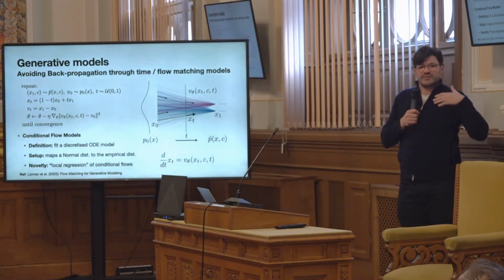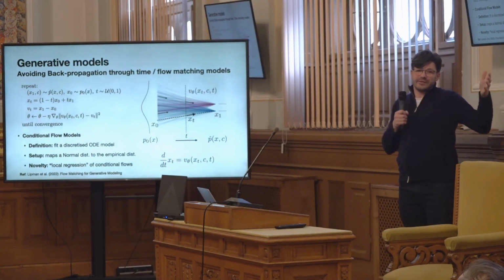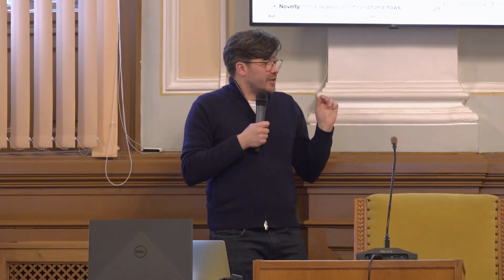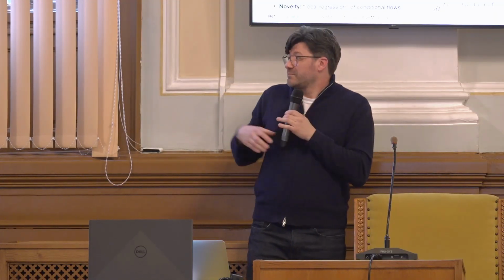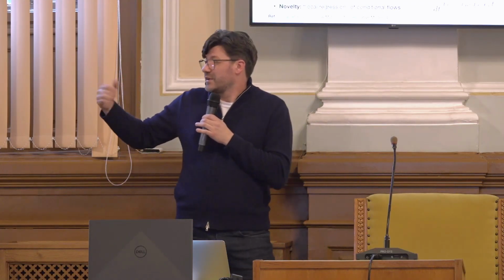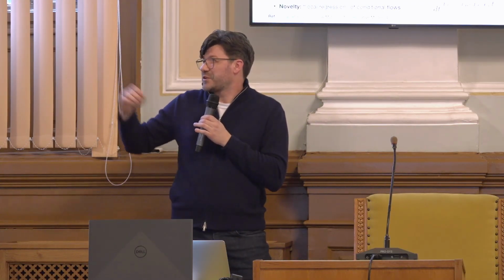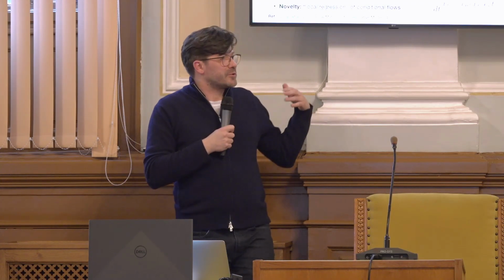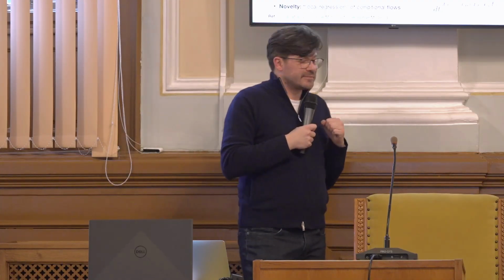So this doesn't require backpropagating through the whole generator, but only requires evaluating it at a certain point. So what we learn is a field that can, at any time and any spatial location, point us towards something that is similar to the data. So it's that simple, the whole thing.